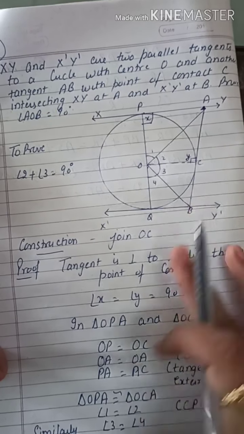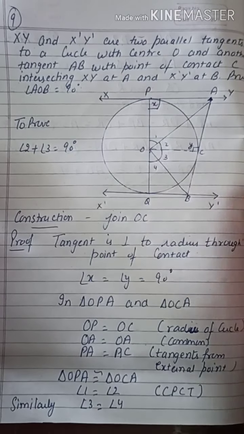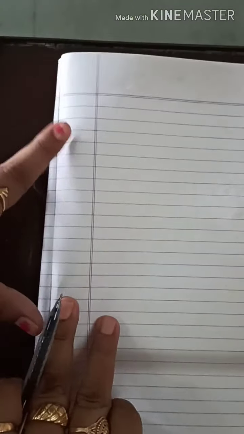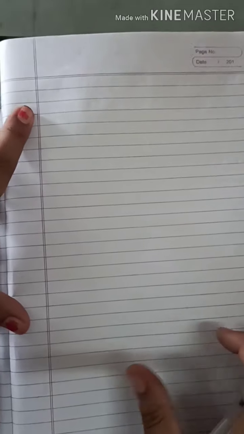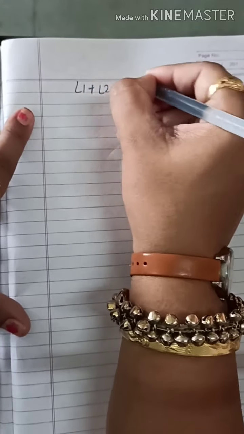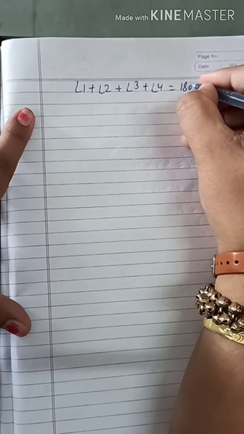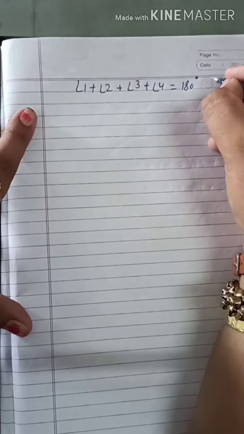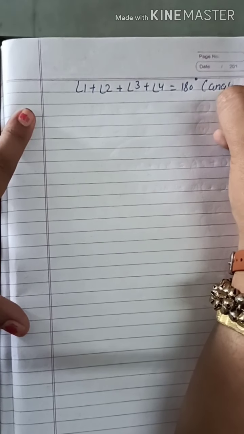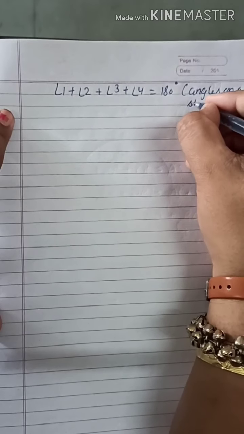So what is the meaning of that? When we are adding all these angles, 1 plus 2 plus 3 plus 4, it will be equal to 180 degrees. So angle 1 plus angle 2 plus angle 3 plus angle 4 equals 180 degrees by angles on a straight line.